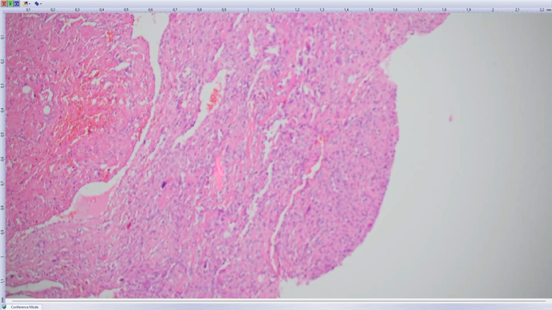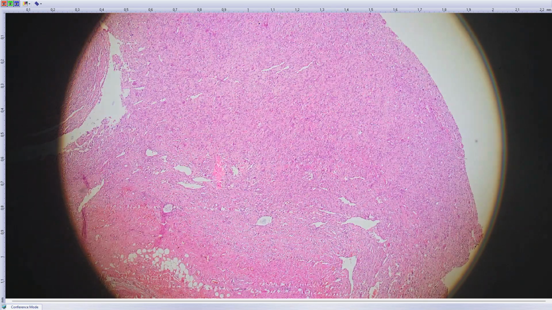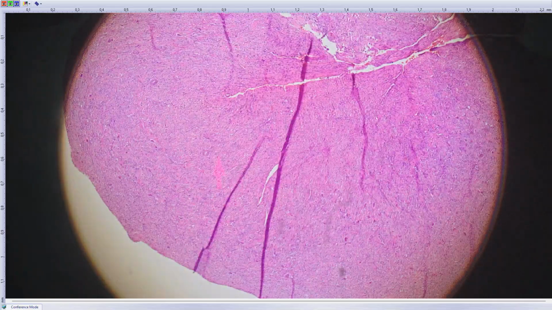Okay, 47-year-old male, tumor of the spermatic cord. Just go through the slide first.